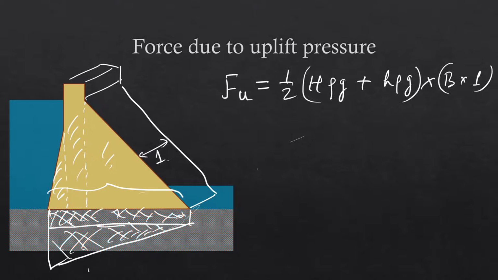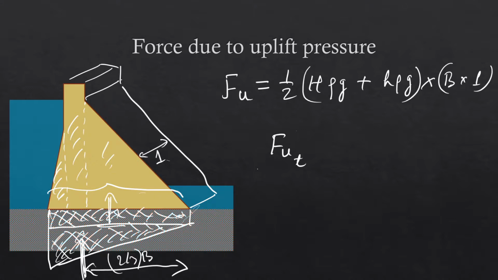finding out that this triangular distribution of pressure will be acting at a distance which will be 2/3 of the total base width from the toe, 2/3 of B, and the rectangular portion will be acting right at the middle, that means half of B. So let's call it FU triangular and FU rectangular, suppose.